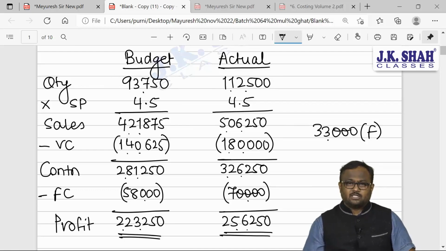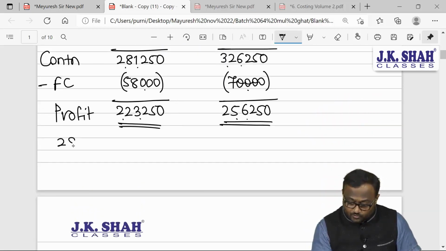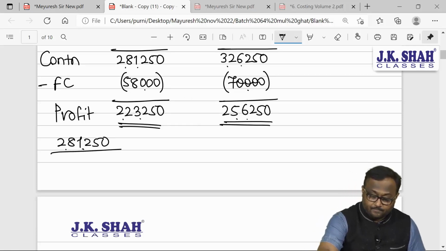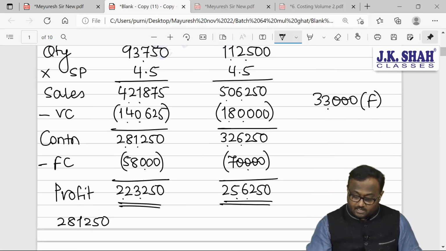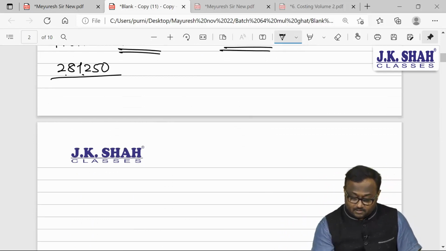Since we have opted for marginal costing, we can go for marginal costing as a base. So I need a budgeted contribution per unit: 281,250 divided by 93,750.